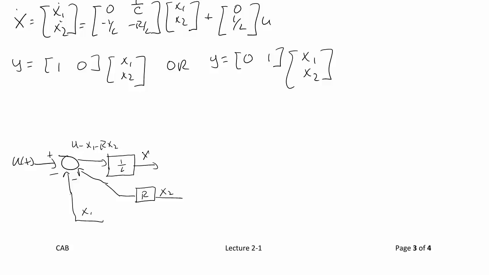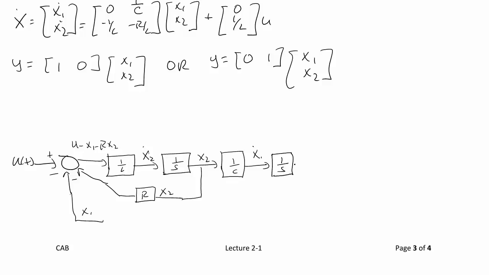The output is x2 dot, and then we integrate by multiplying by 1 over S, and the output is x2. So now we multiply x2 by 1 over C, and the output is x1 dot.